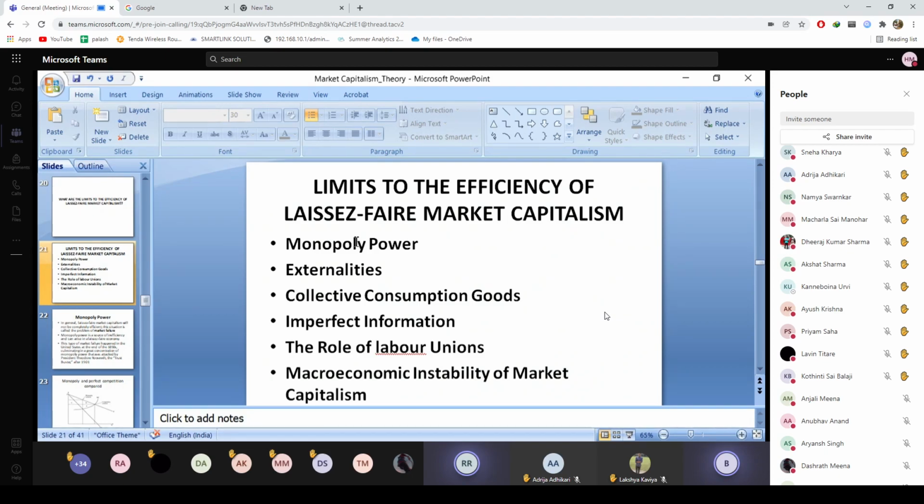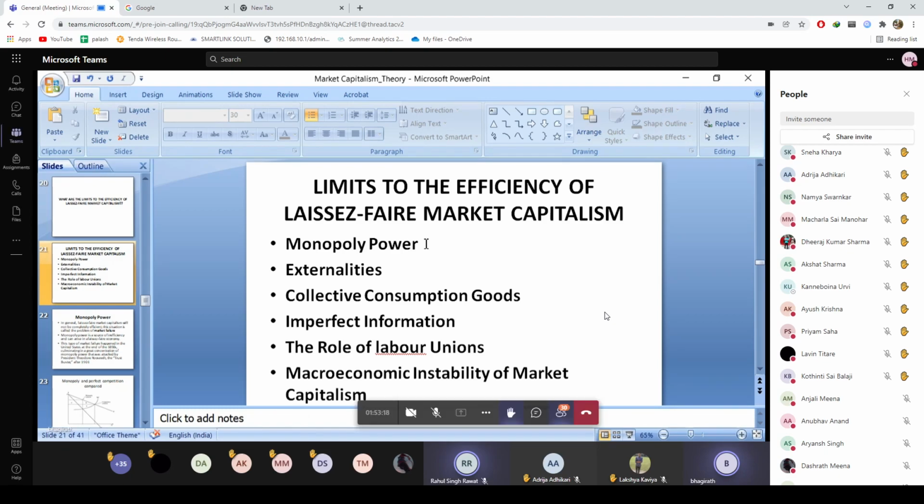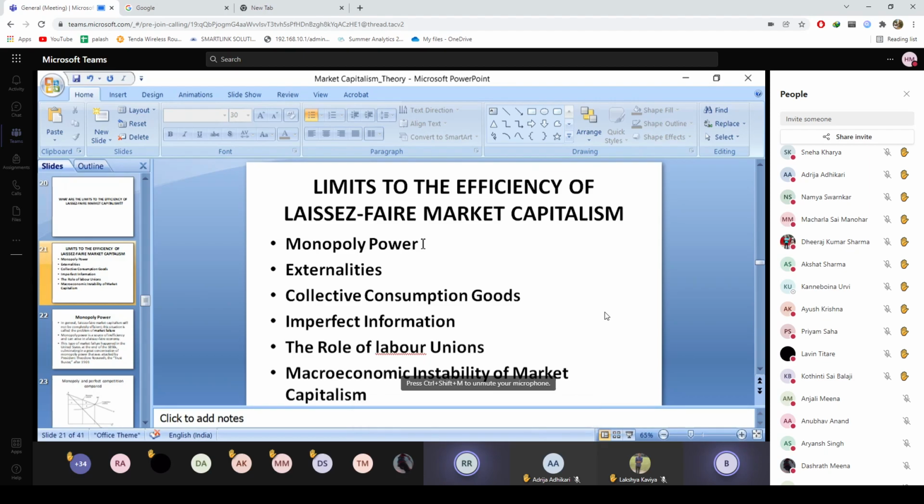The first limit is basically the monopoly power, which we all know from the market structures of microeconomics, where monopoly and monopolistic competition come in a very prominent way. How does it evolve, and how does it create problems, etc. We will be briefly discussing that.